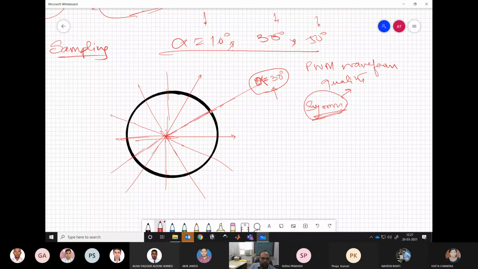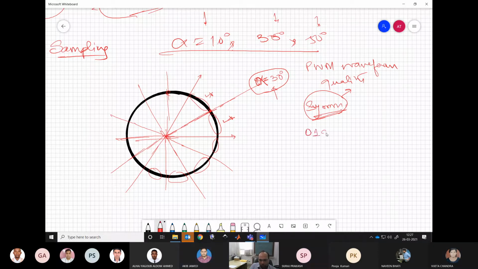Then all other samples must be equally distributed around this middle of the sector. Is that clear for symmetry? If you have more samples on this half than this half, then the symmetry is not maintained. Are you getting my point?